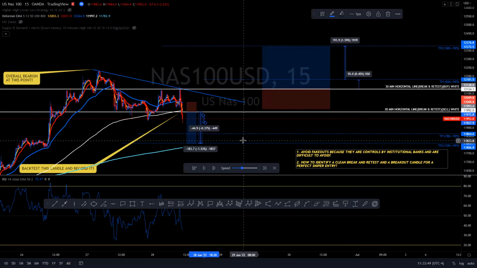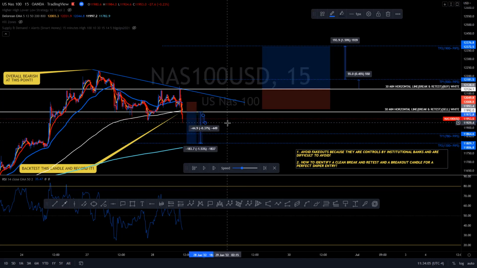If I calculate this, I try to make $250 a day, so $250 divided by 44 pips. I would have only had to get a little bit over 5 pips to get that. So I could have made my money just off of this small candle here.